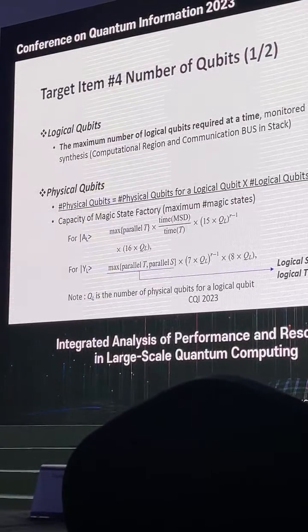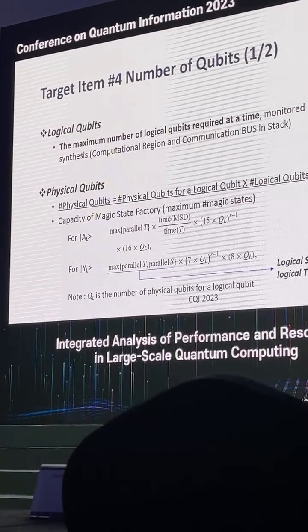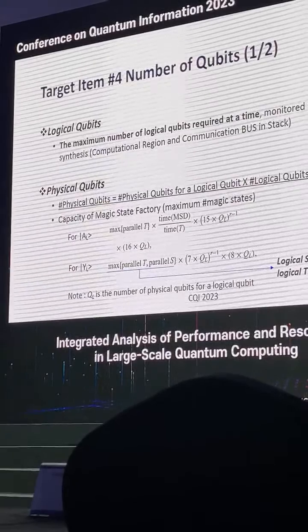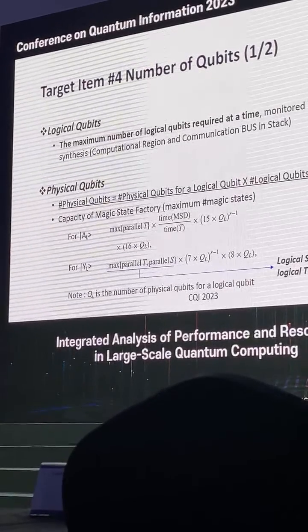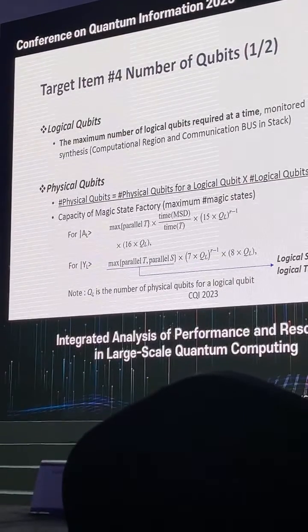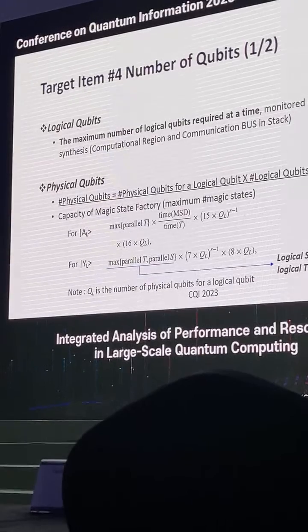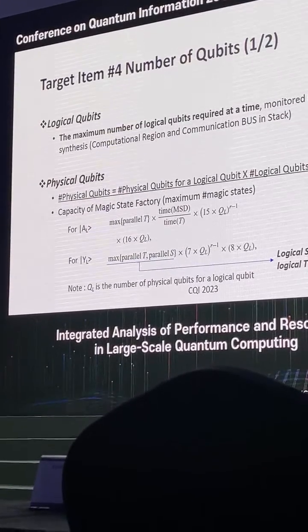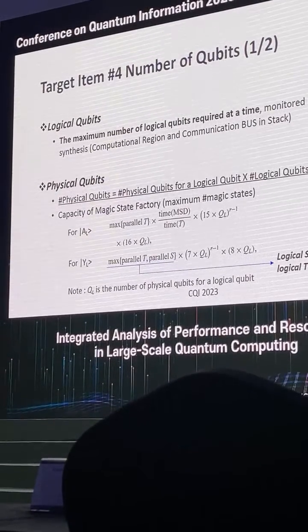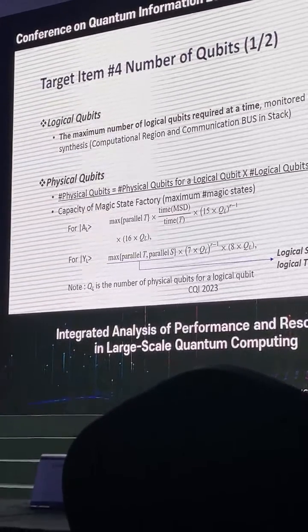And then we can measure the number of qubits. For that, we first measure the number of logical qubits. In the system synthesis, we can trace the maximum number of logical qubits required at a time, not every phase in the algorithm. And then we can find the total number of physical qubits.